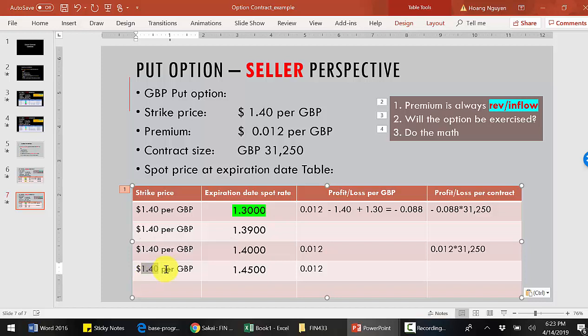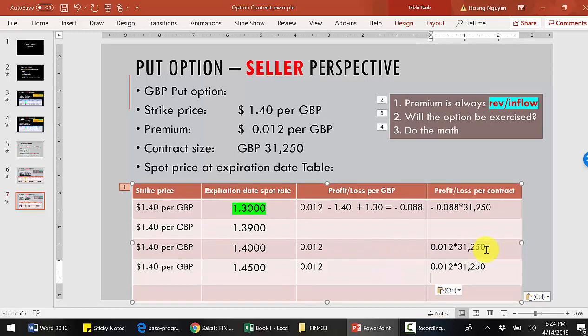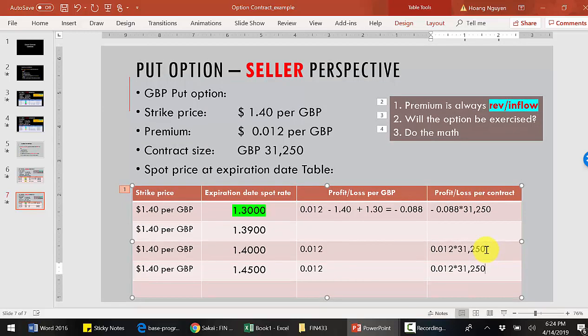So the option will expire, okay? And it will be easy for us to calculate the whole profit for the contract.